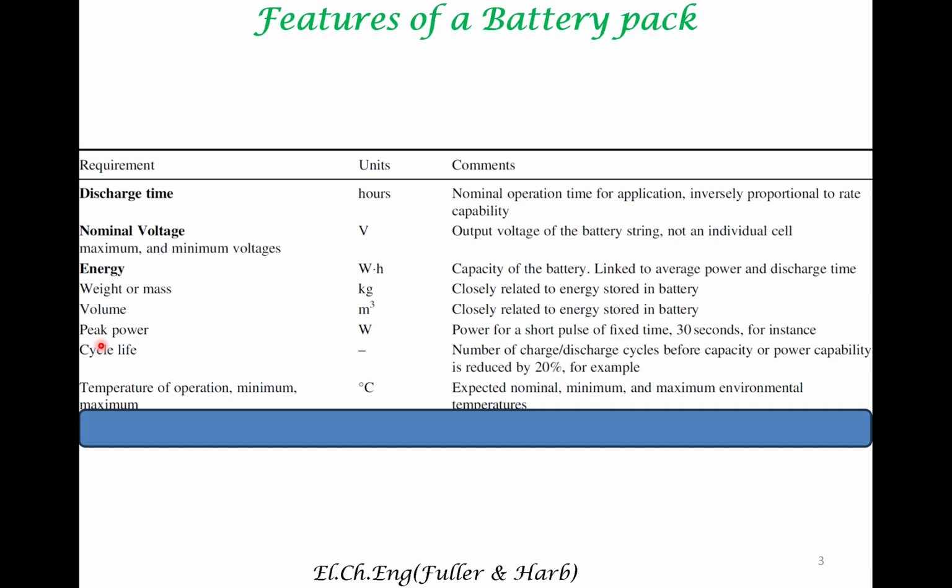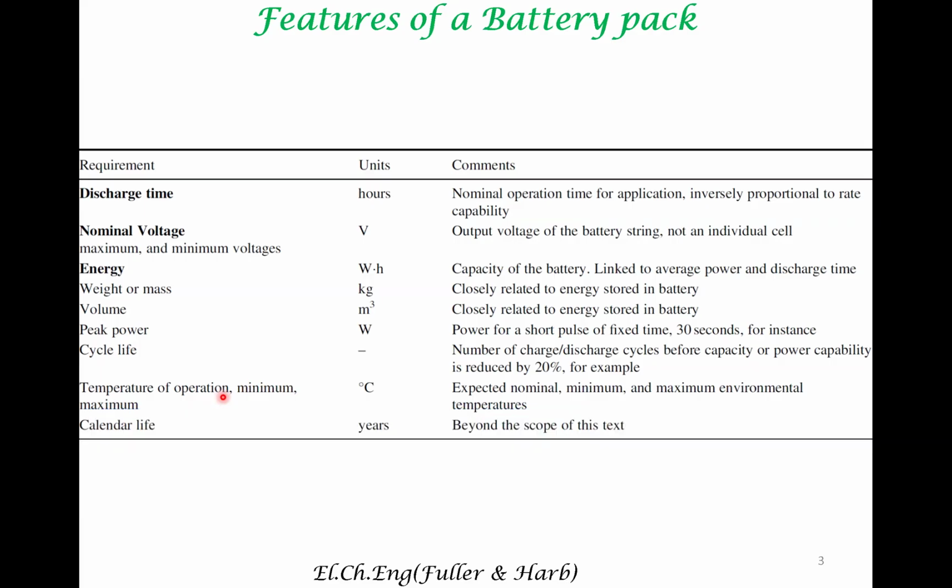In some cases, for example, if you're operating a battery in Kanpur summer, the ambient temperature can go close to 50 degrees centigrade. So the operational temperature window can vary for a battery. So it is important to know under what temperature window a particular battery can operate.